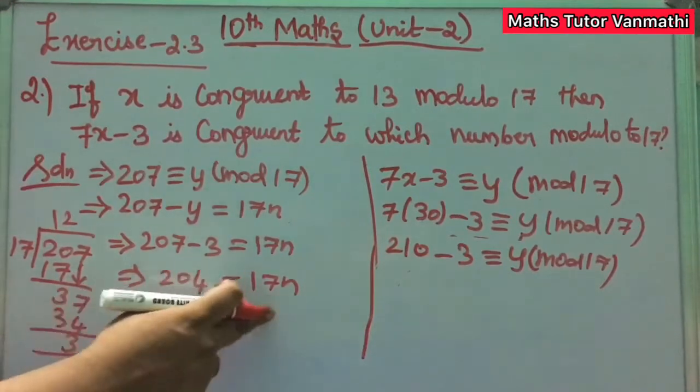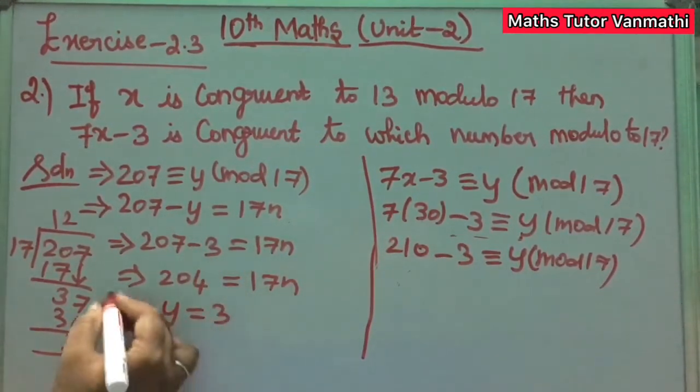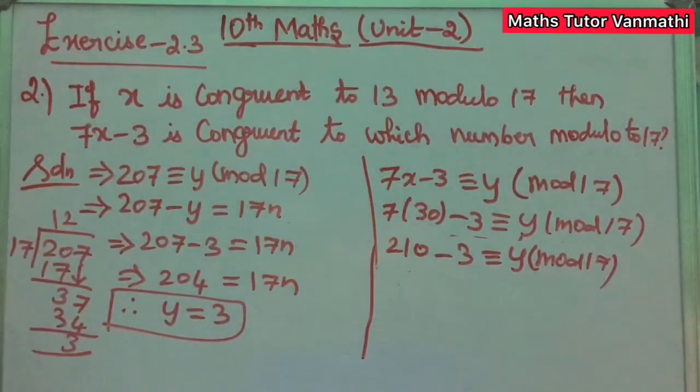Therefore, 204 is a multiple of 17. From this, we can write y is equal to 3. Clear? This is your y value. Previously, we solved x value equal to 30, and now we got y equal to 3. Okay?